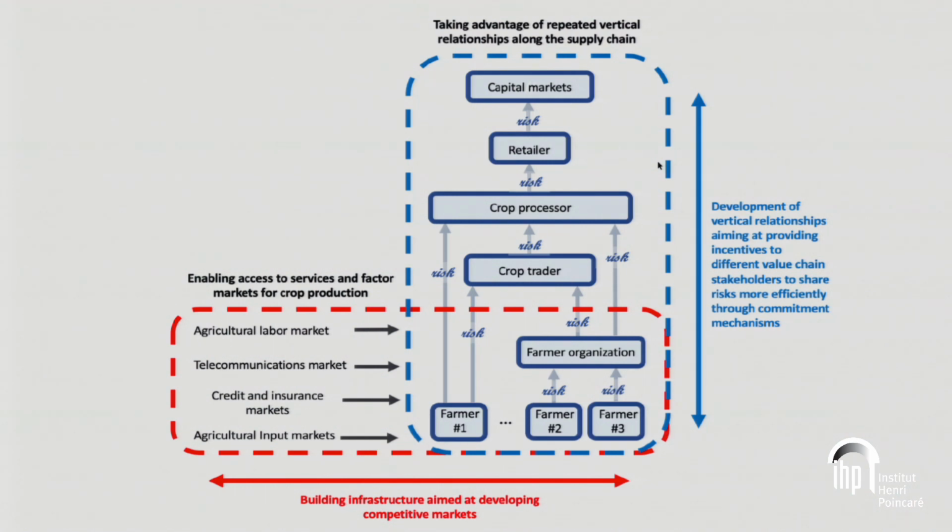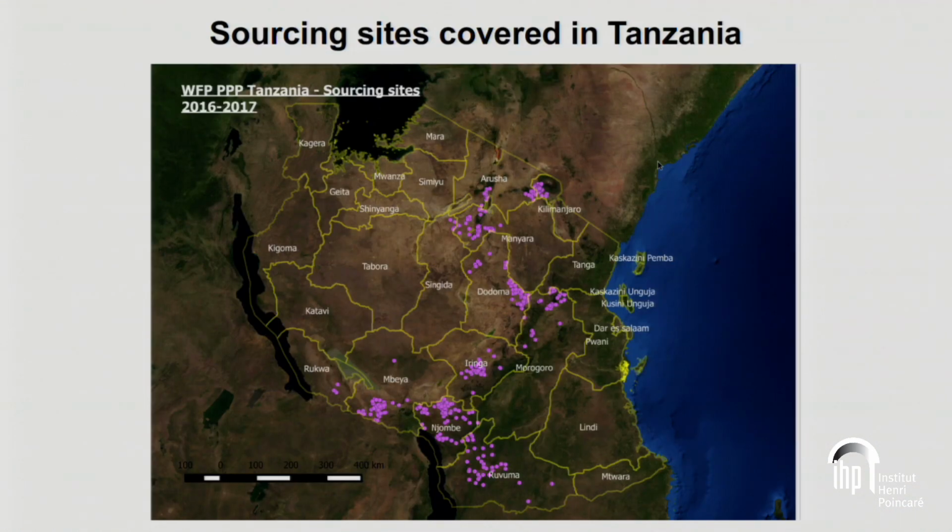What we're proposing is shifting from a market failure rationale to a framework where we look at how to vertically integrate markets and share risk more efficiently amongst the different stakeholders that compose a value chain. I think I'm going to leave you on these slides.